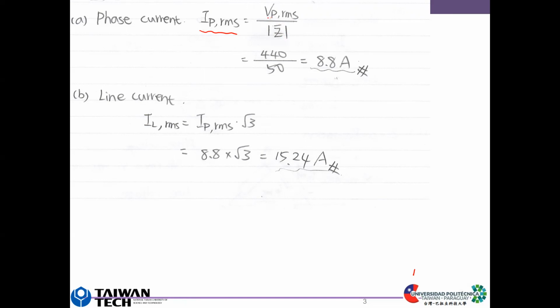So I_P RMS equals V_P RMS divided by the amplitude of the load impedance, 440 divided by 50, so the phase current is 8.8 amp. This is the phase current, defined as the current flowing through the load.